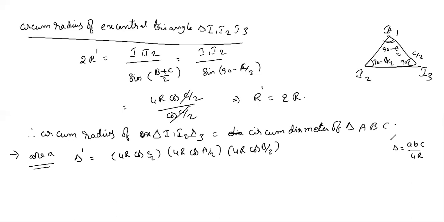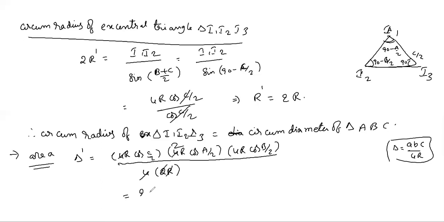For triangle ABC we apply this, and the same for the excentral triangle, so divide by 4 into the circumradius. The circumradius is R dash, which is 2R. So 4R into 4R, and we get 2R into R square, cos A by 2, cos B by 2, cos C by 2. This is the formula to find the area of this excentral triangle.